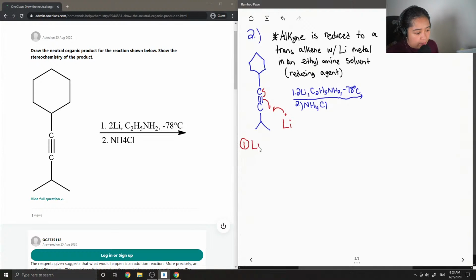So in the first step, lithium has a single valence electron in its valence shell, and it can readily donate to the alkyne to form a radical intermediate.